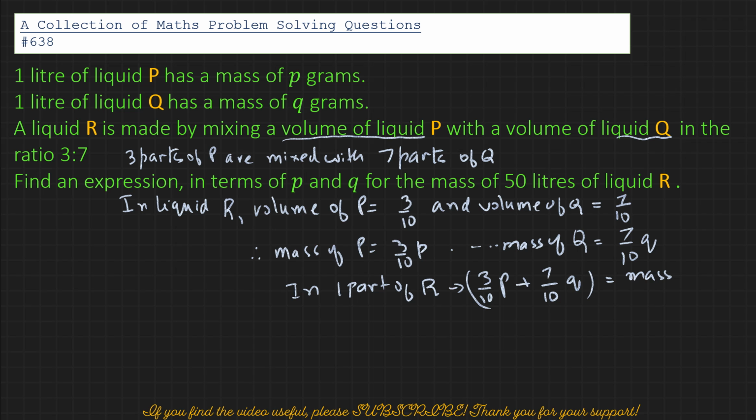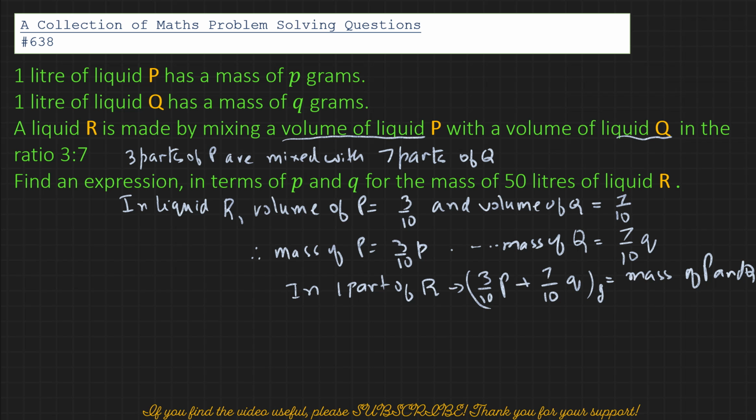So if we say that this is in grams, that would be the mass of P and Q, so they together are making up R. So the mass of P and Q in one part of R would be 3 out of 10 P plus 7 out of 10 Q.